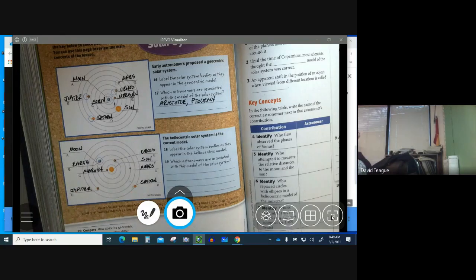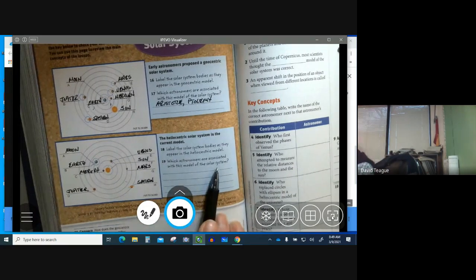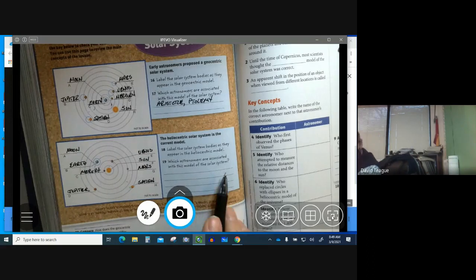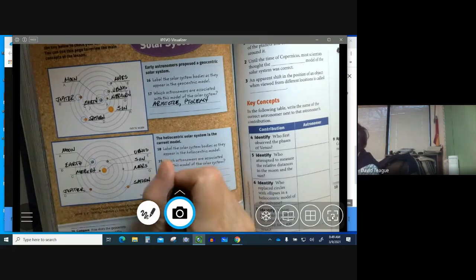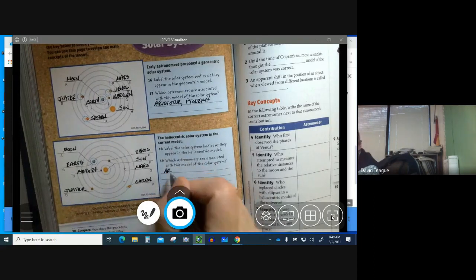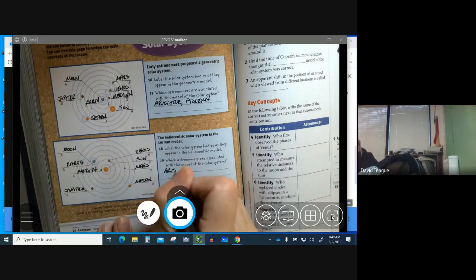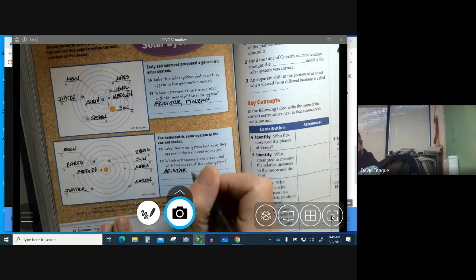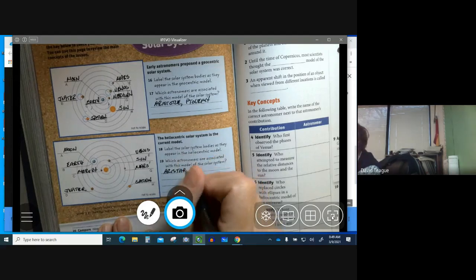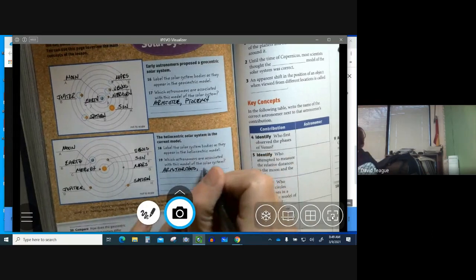Okay, which astronomers are associated with the model of this solar system? So you have a couple of them. You have Aristarchus. You have Copernicus.